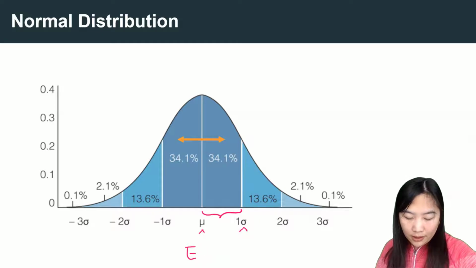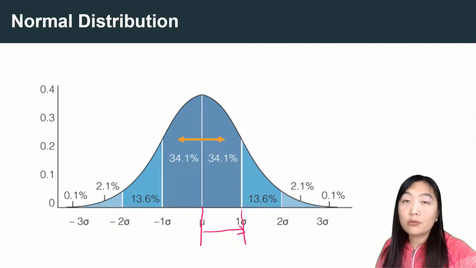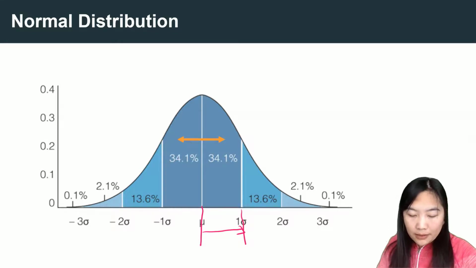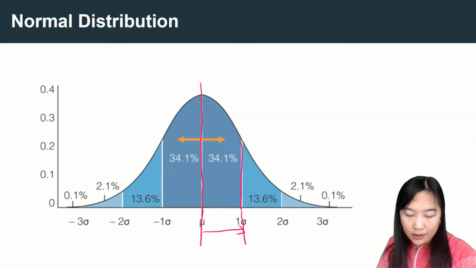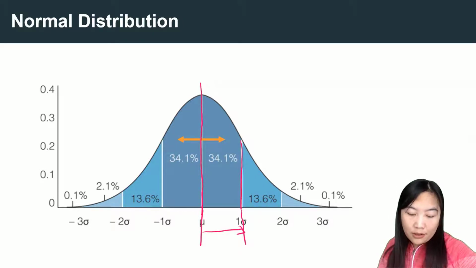For a standard normal, between the mean and one standard deviation to the right of the mean, the probability, as we mentioned in the last lecture, is the area under the PDF curve, the probability density curve.